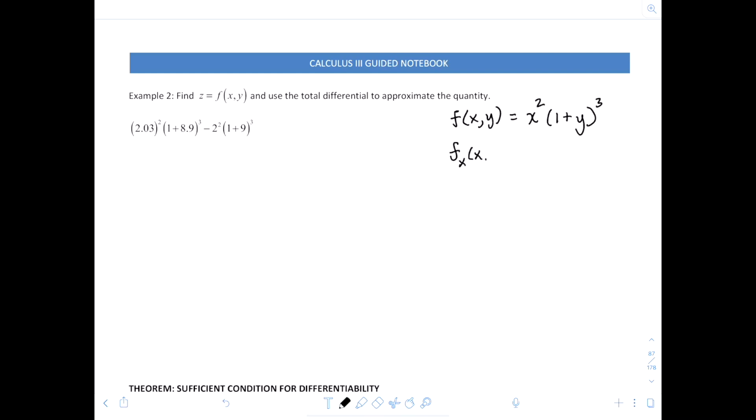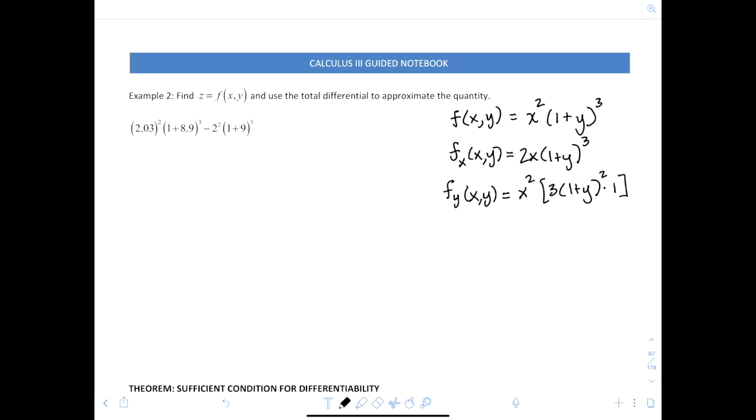Fx of x and y will be 2x times 1 plus y, the quantity cubed, and fy of x and y will be x squared times 3 times 1 plus y, the quantity squared, times 1 using the chain rule. And that cleans up as 3x squared times the quantity 1 plus y squared.